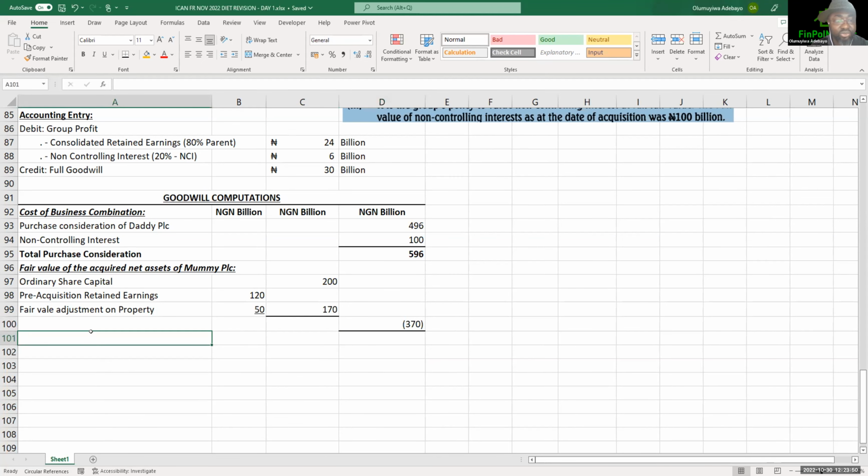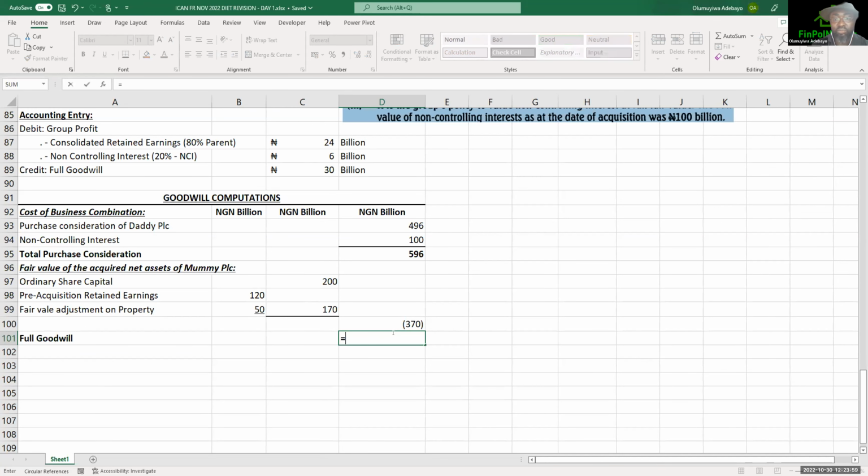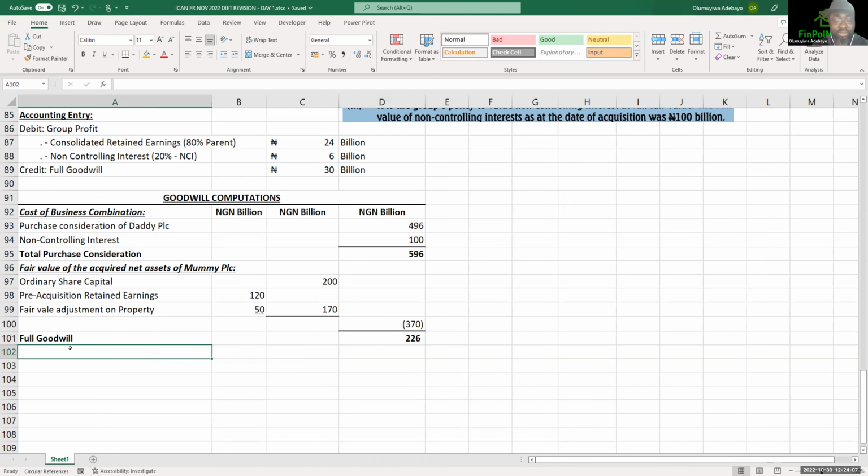Okay, what's my full goodwill? That is this. Now, remember, we are told that the goodwill has been impaired. Impairment on full goodwill.